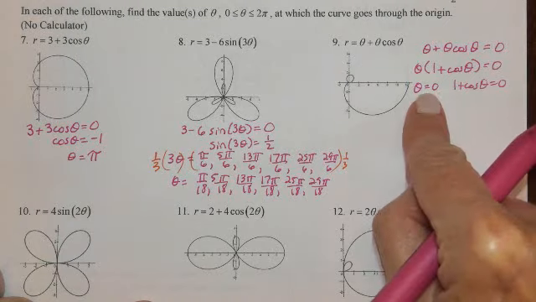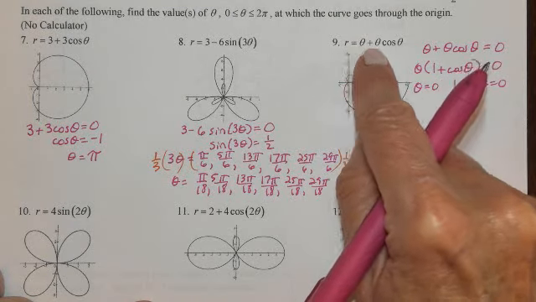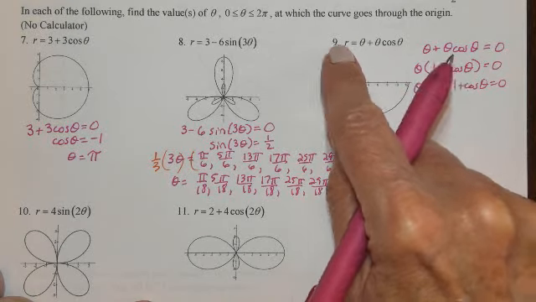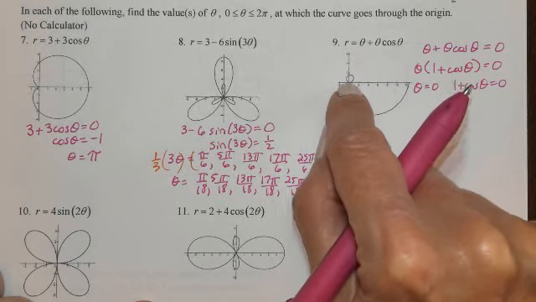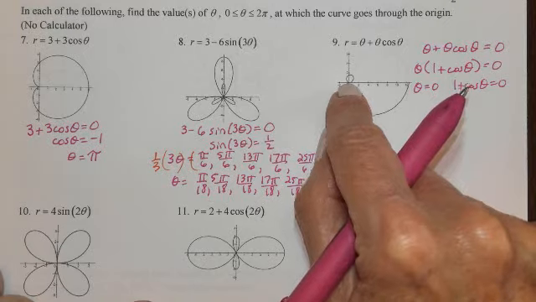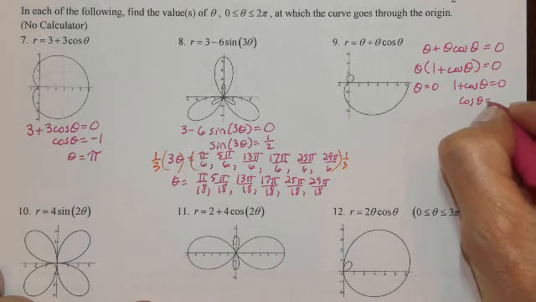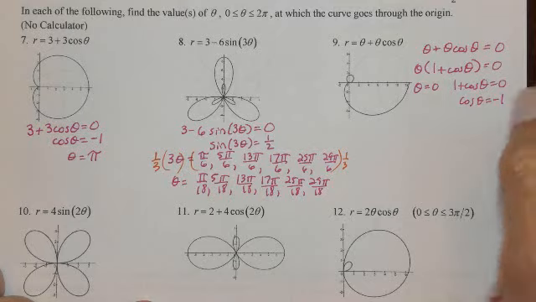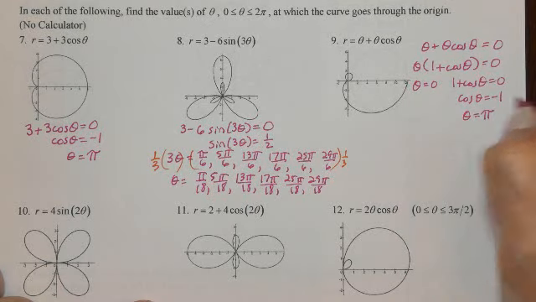Well, theta is 0, that kind of makes sense because if I put 0 in for theta, I get 0 for r. So that means when theta is 0, we're starting at the origin. Over here, I get cosine of theta is -1, and in between 0 and 2 pi, that means theta is pi.